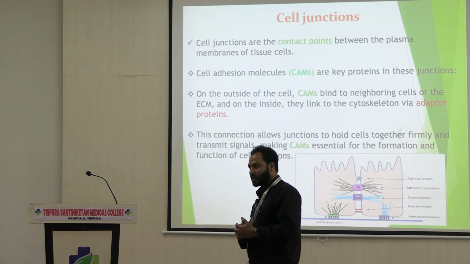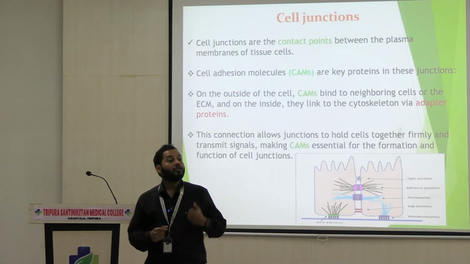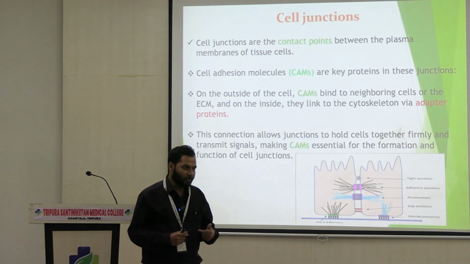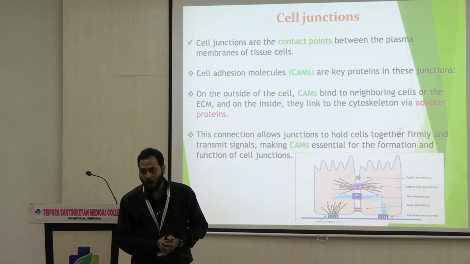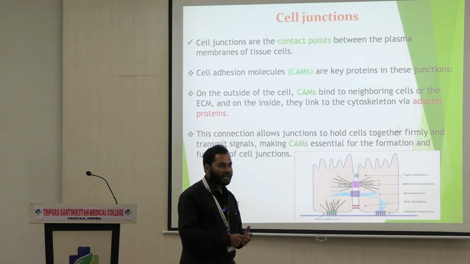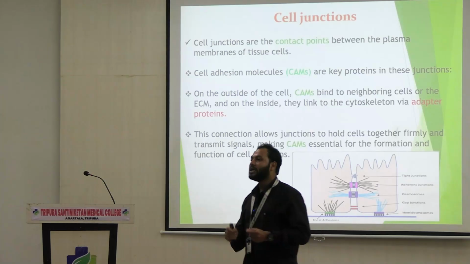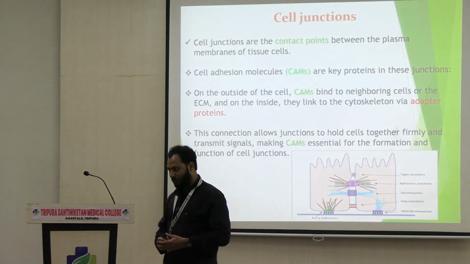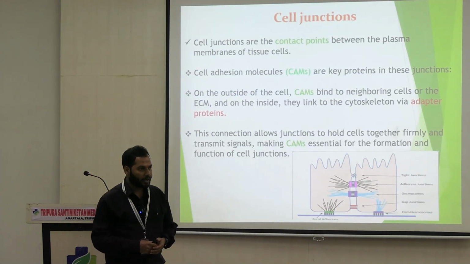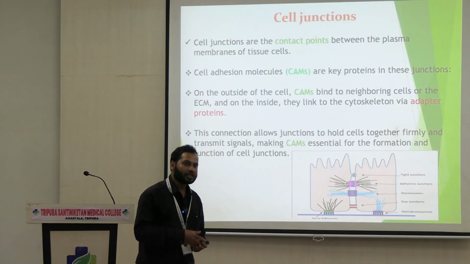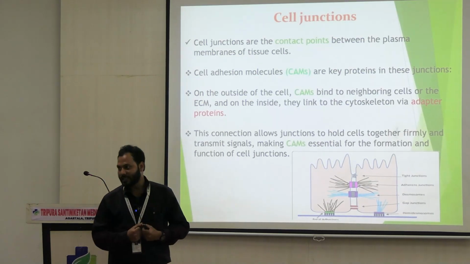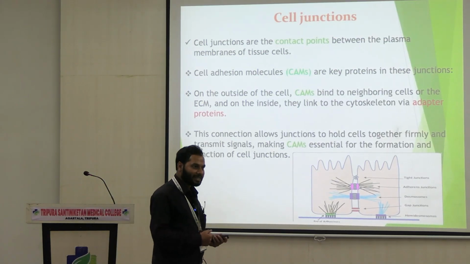For the connection between cell and cell matrix, there are a number of molecules called cell adhesion molecules that are very vital. Now we will see what the different types of cell adhesion molecule are, and how the cell adhesion molecules allow the connection between cell and cell matrix.